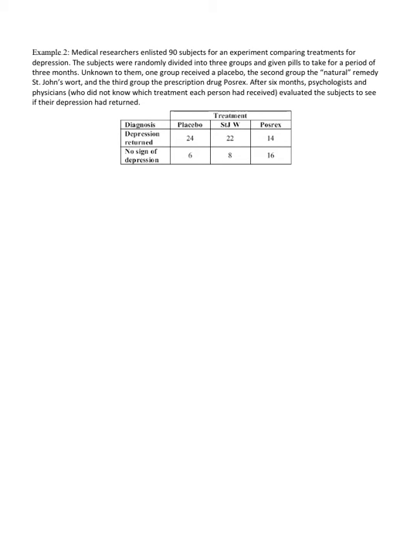After 6 months, psychologists and physicians who did not know which treatment each person had received, so it was a double-blind experiment, evaluated the subjects to see if their depression had returned.